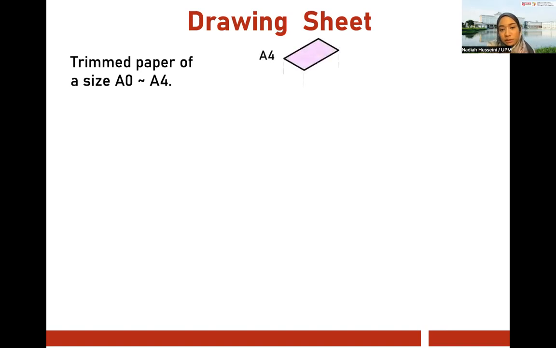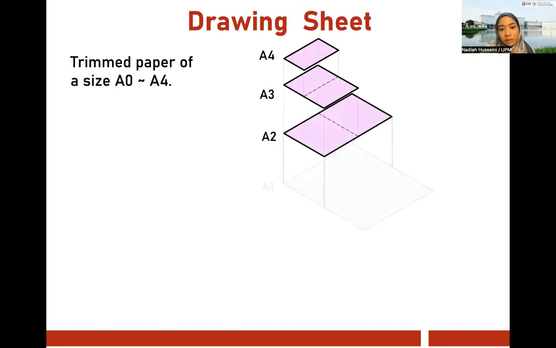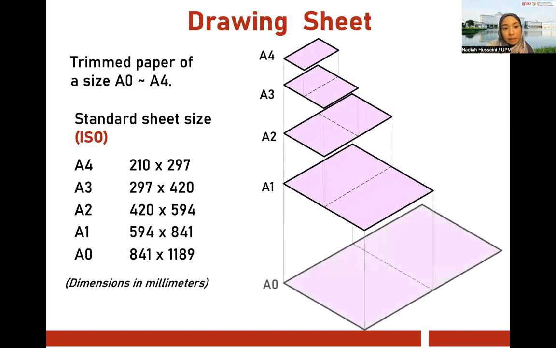Okay, so A4, this is the size of an A4. Example, not up to scale. A4 is half the size of an A3. A3 is half the size of an A2. A2 is half the size of an A1. A1 is half the size of an A0. So A4, A1 and all of those, it's not like they were made up randomly.